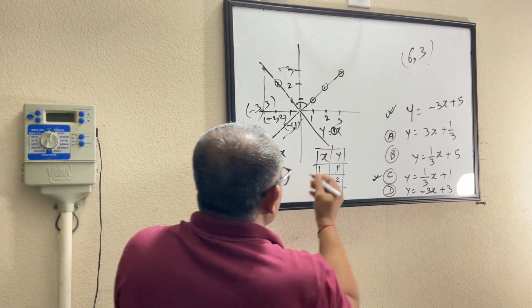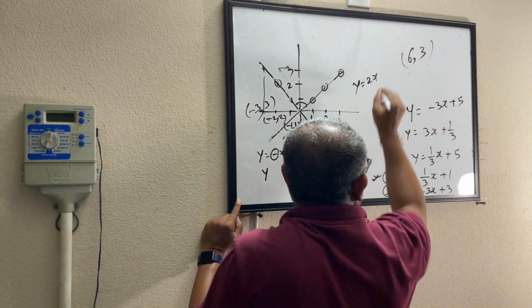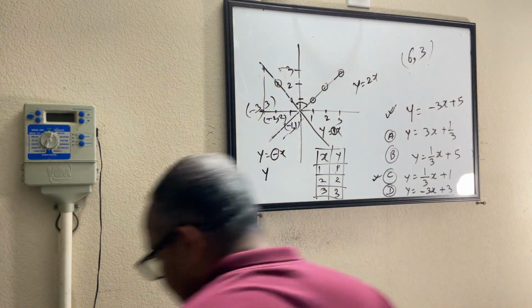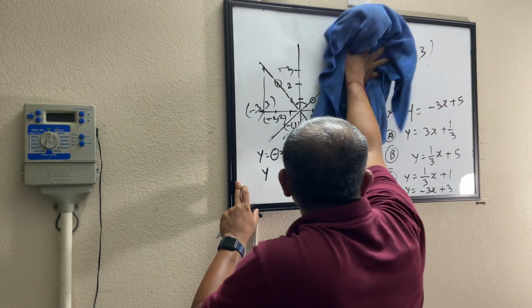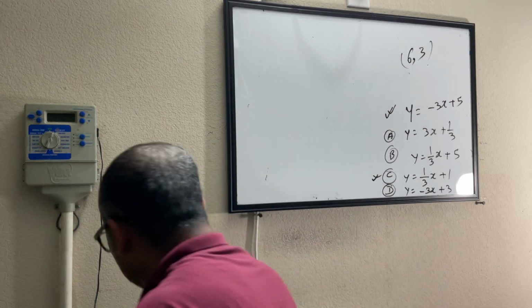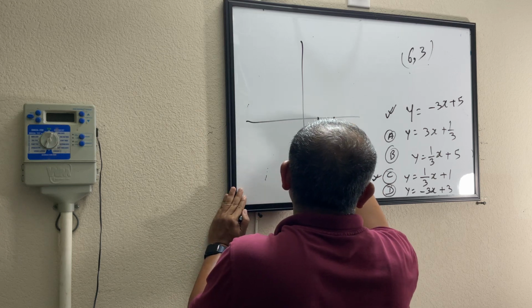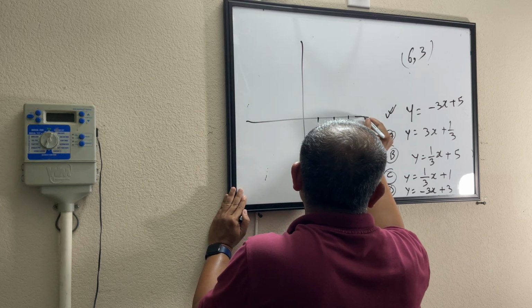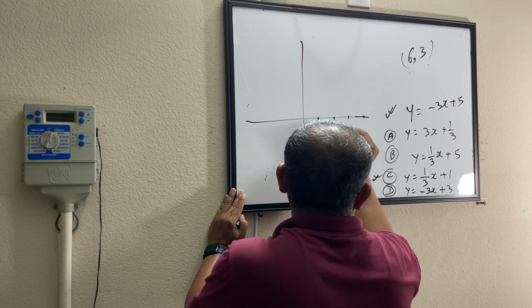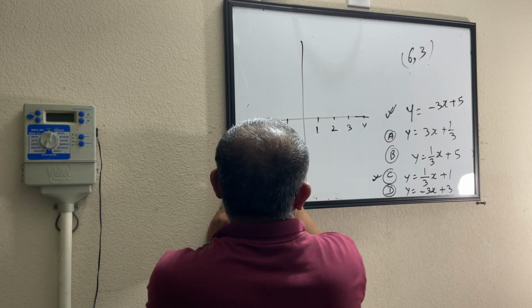If I pick y equal to 2x, that will be better. Let me clean it up. This is my coordinate plane. This is 1, 2, 3, 4, minus 1, minus 2, minus 3.